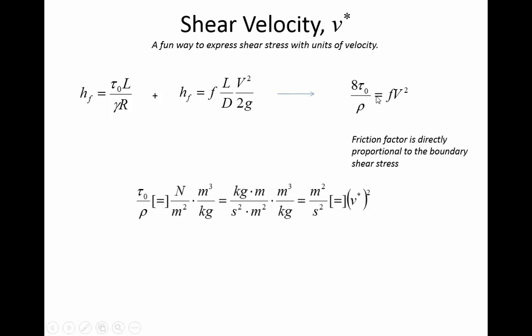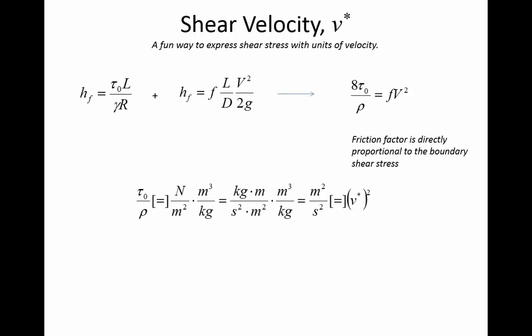Now, if we rearrange it further, if we rearrange the shear stress experienced by the fluid divided by the density of the fluid, we just look at the units for a second there. The shear stress is newtons per square meter. And then if we have density in the denominator, that's kilograms per meter cubed. And so if we expand out what newtons are, that's a kilogram meter per second squared. And then we still have the meter squared from before that was in the denominator of the shear stress.